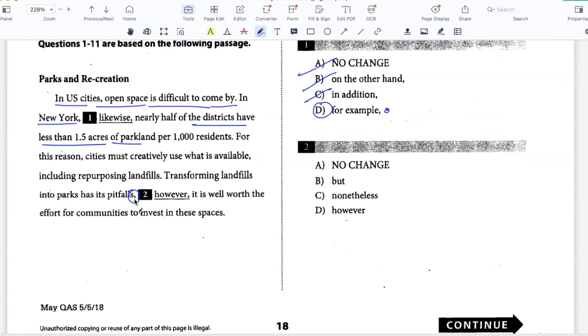Because if you have a comma here, then the part after the comma can have a conjunction like but, it can't have connectors like nonetheless or however. So the best answer in this case would be but. Had there been a semicolon after pitfalls, then I could have said however, comma, or nonetheless, comma, right? But since that's not the case, the best answer is option B.